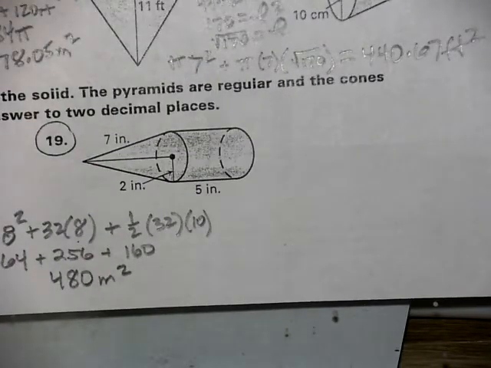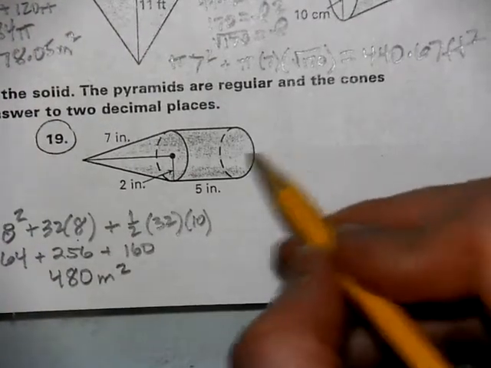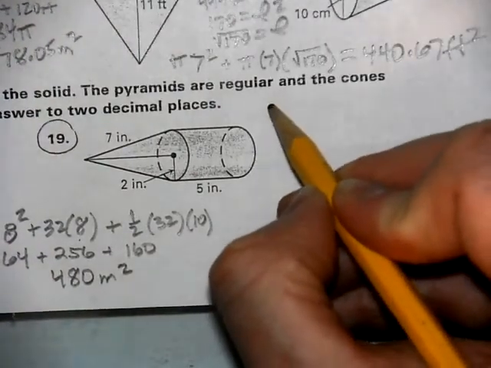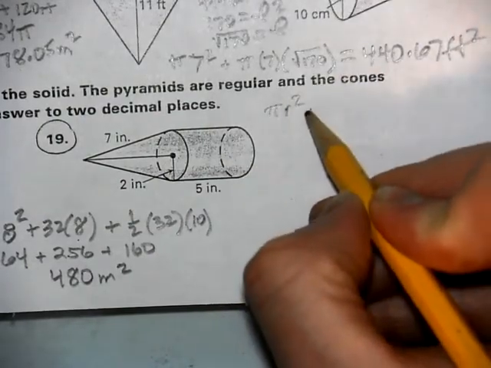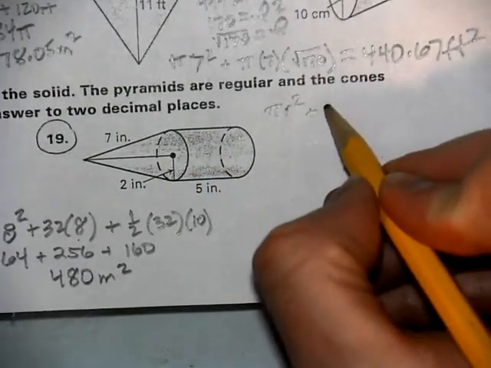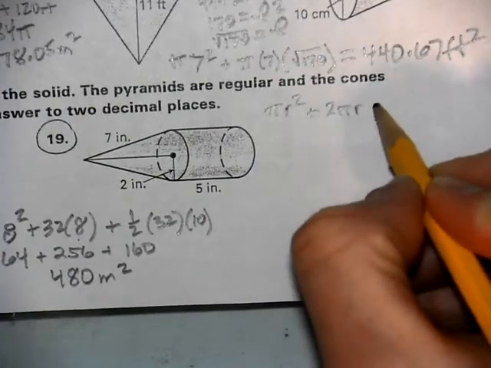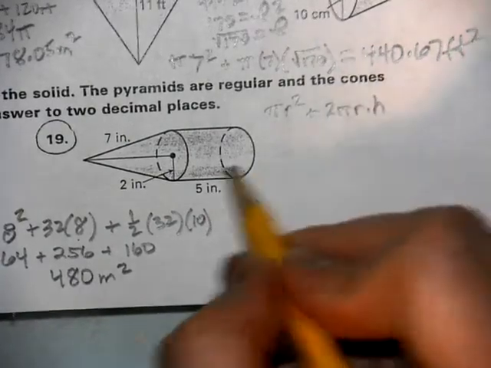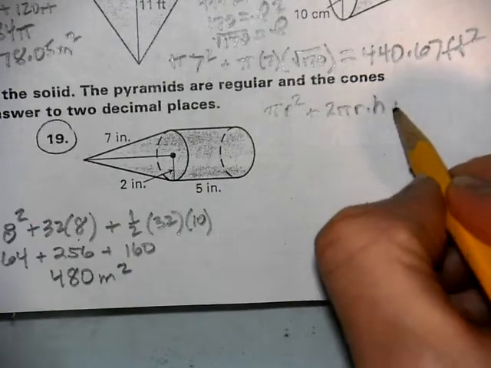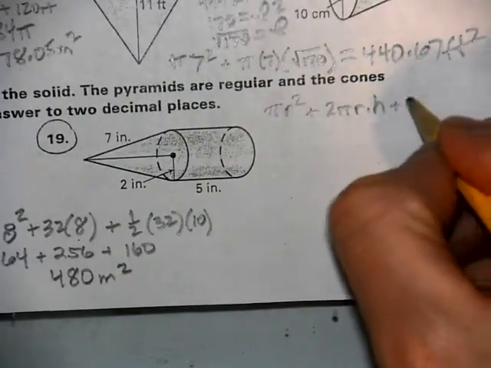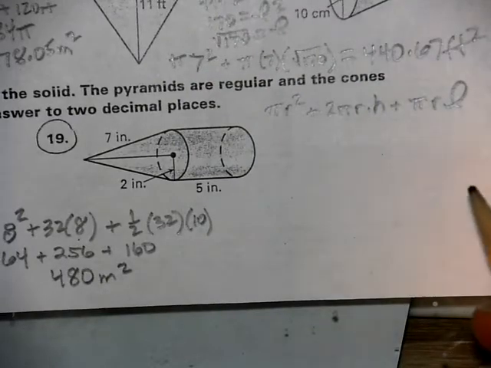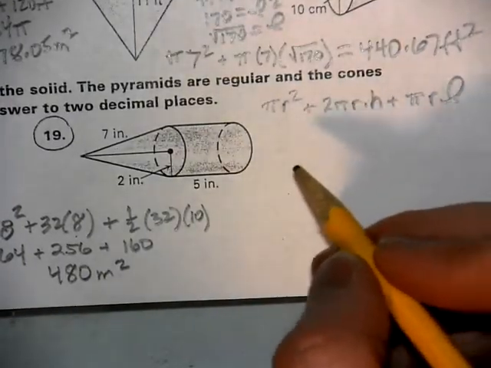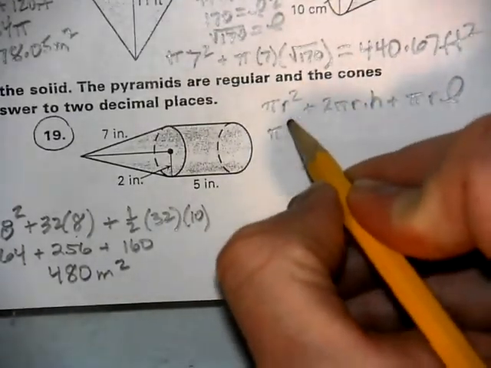Same idea here. We're going to take the pi r squared plus we're going to take the 2 pi r times the height of our cylinder plus we're going to take the pi r l for the cone. So our radius is 2.